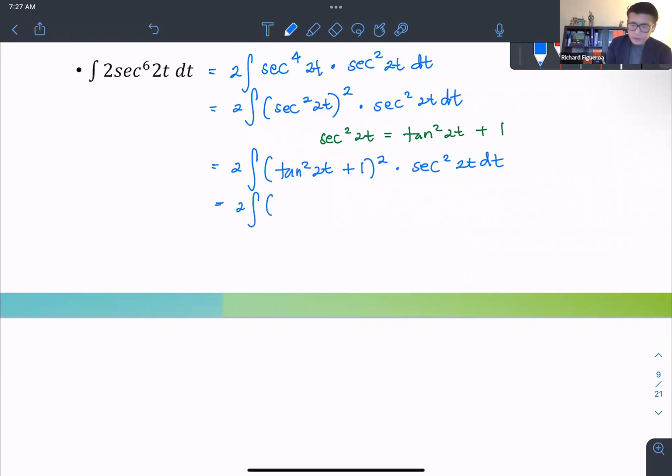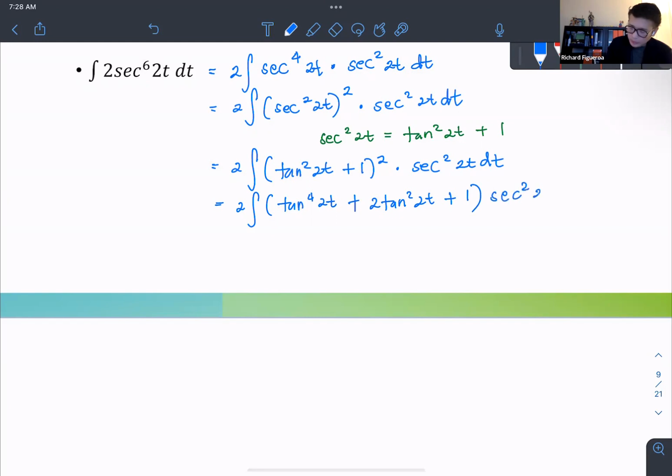Squaring the first term gives tangent to the fourth 2t, plus twice the first term times 1, which is 2 tangent squared 2t, plus 1 for the second term squared. And we multiply it with secant squared 2t dt.